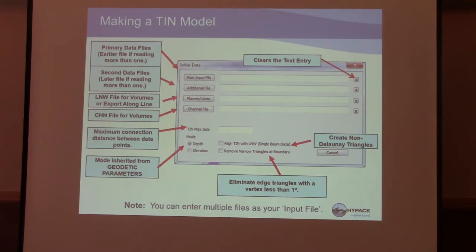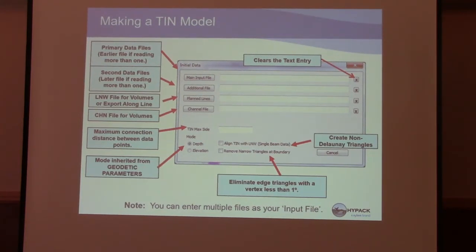An AUV might, or an ASV might, but your boat operator is going to wiggle a little bit. So you want to be 150% of your line spacing. That's never far enough to connect three lines, and it's far enough to connect any error in your boat operator. Because on line 1, he might have gone left a little. On line 2, he might have gone right a little. 150% of your line spacing, if you've got a decent survey, should connect your data points.